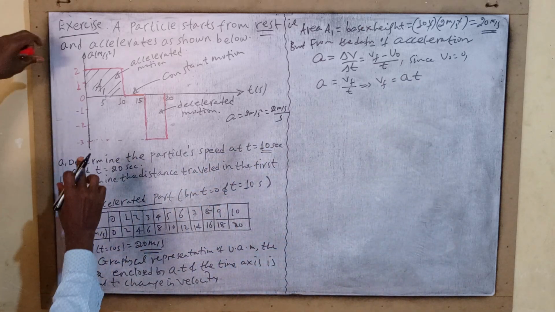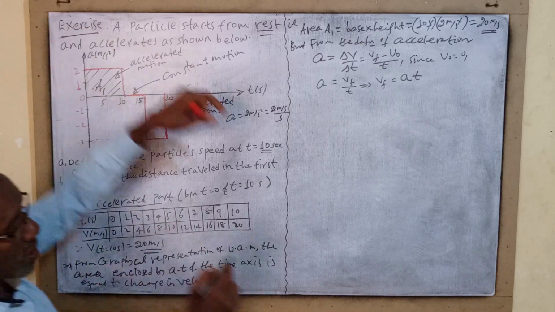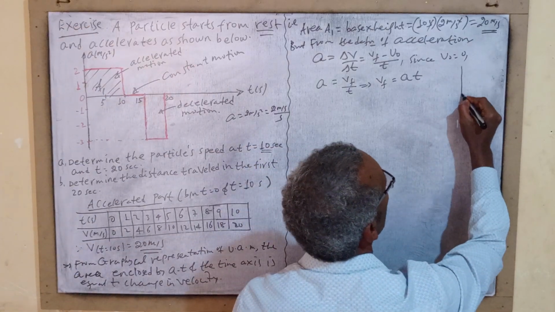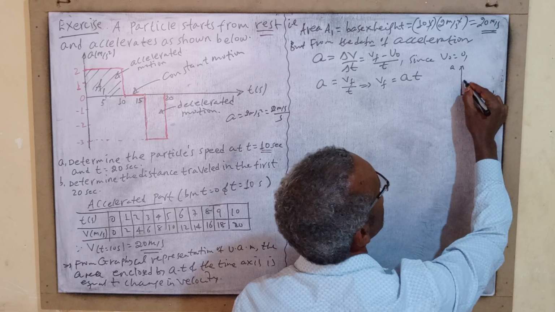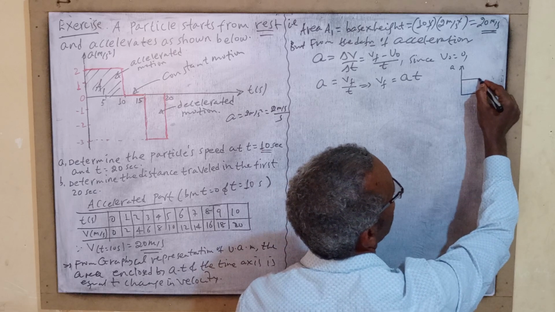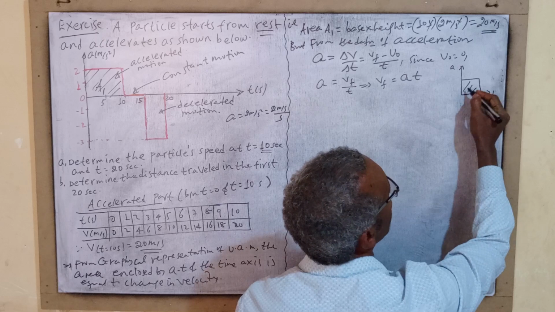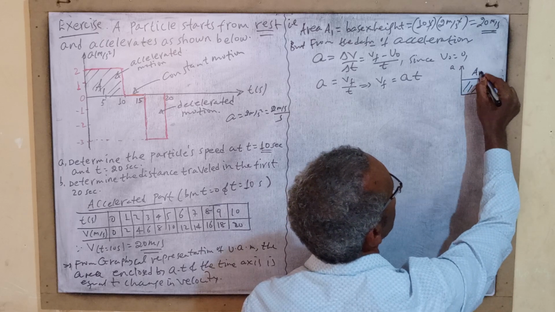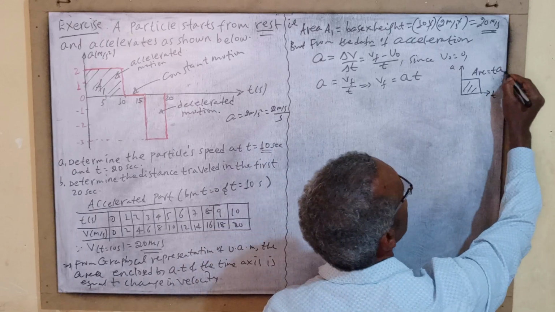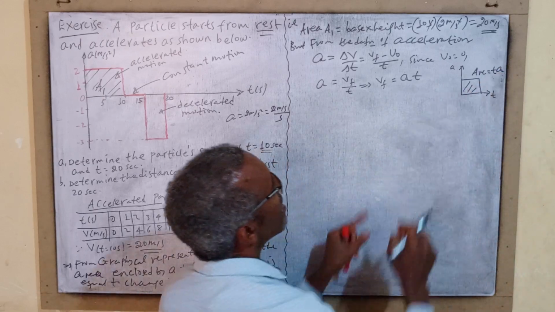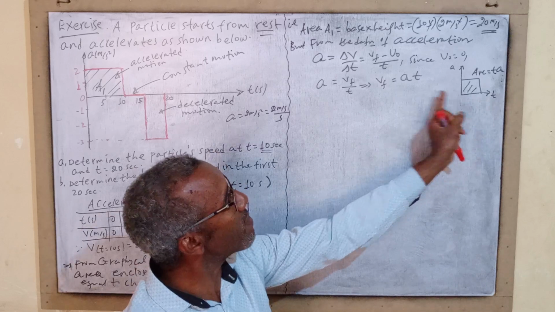A times T is the area under this curve, because if we have acceleration axis and time axis, the area under this rectangle is base times height. Our base is the time axis and our height is the acceleration axis. Therefore, A times T is the area under this curve.